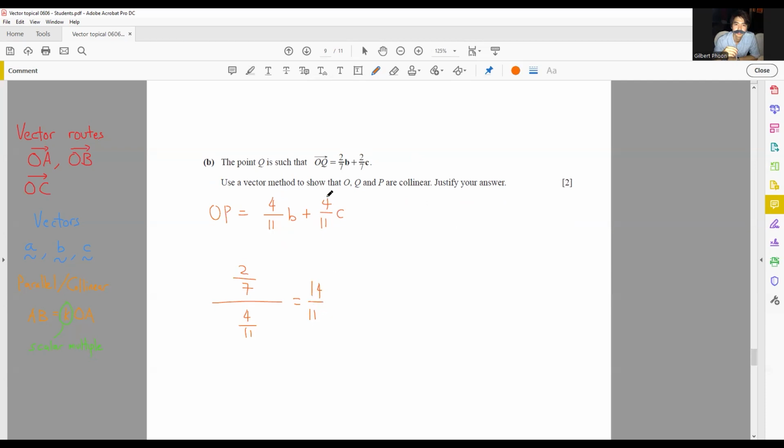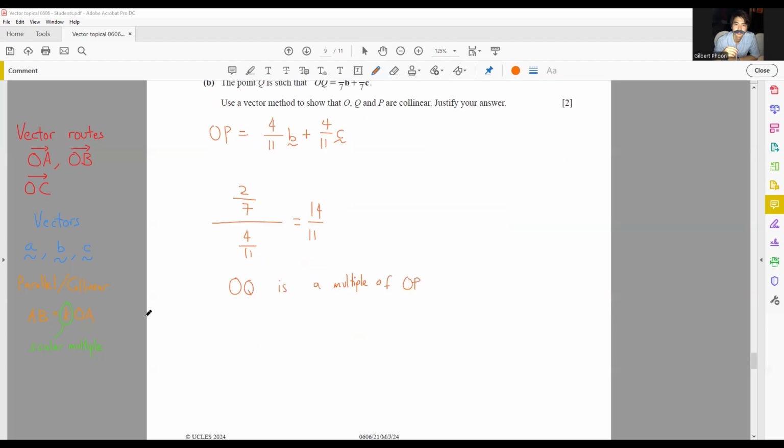You will be able to do the same for part B, for the vector of C as well. Okay? So therefore, we will write down the justification: OQ is a multiple of OP.